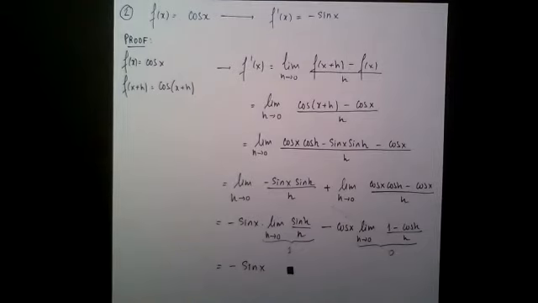Number 3. So f of x is tangent of x. F prime of x is what? Can anybody guess this one? Unless you've seen it before. Secant squared of x. Yeah, so this is going to be secant squared of x.